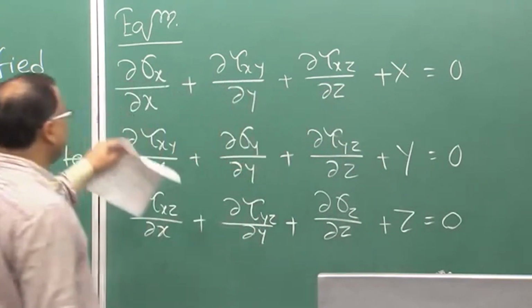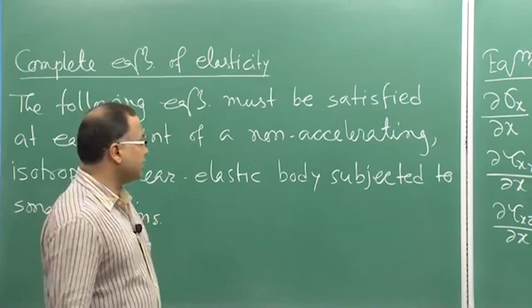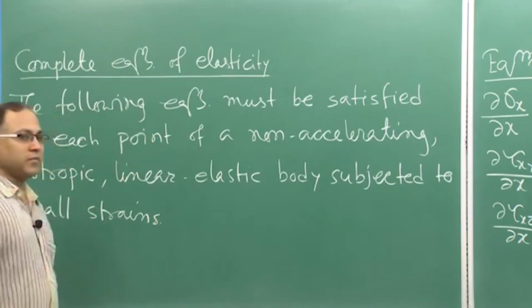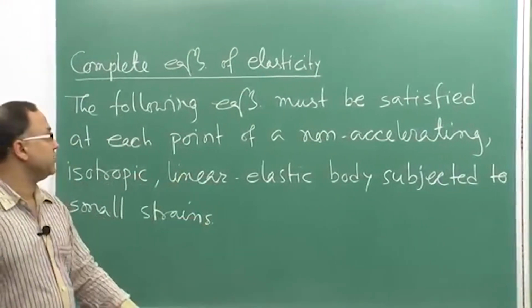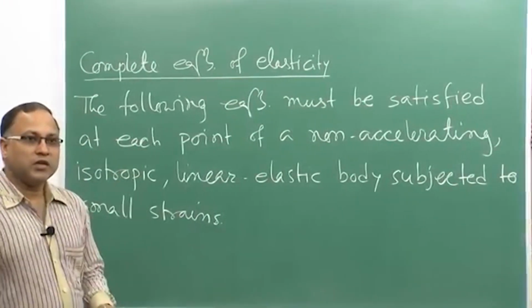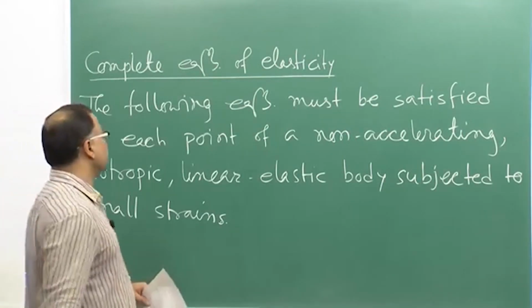Okay. So, these are three equations of equilibrium which must be satisfied at each and every point for a non-accelerating isotropic linear elastic material when you are talking about the equilibrium conditions or the elasticity equations.